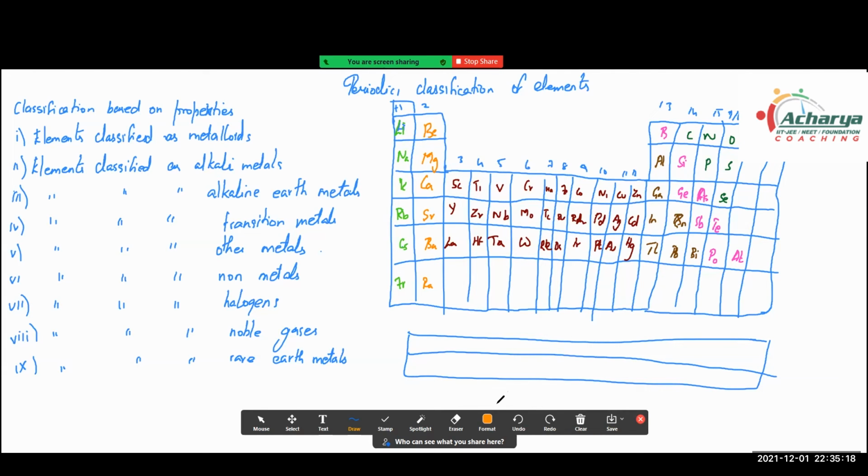The elements present in the halogen group are fluorine, chlorine, bromine, iodine. Sorry, this is going to be iodine and astatine. So these are the halogens.